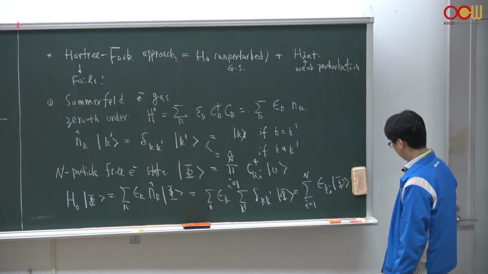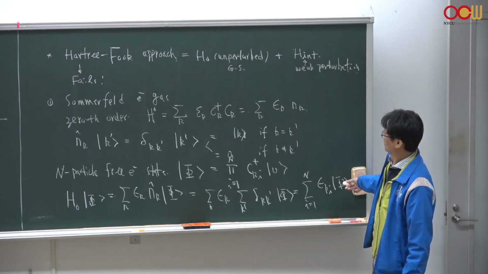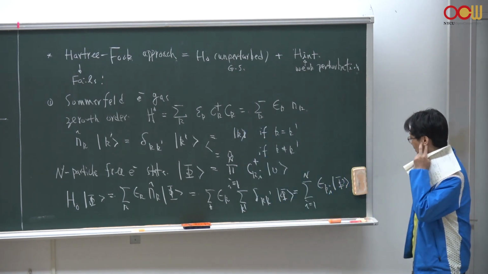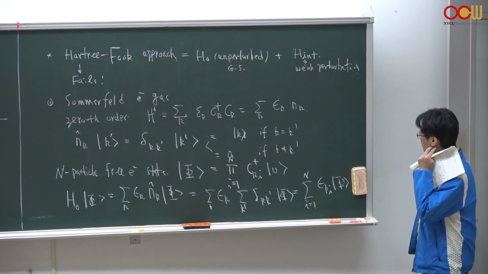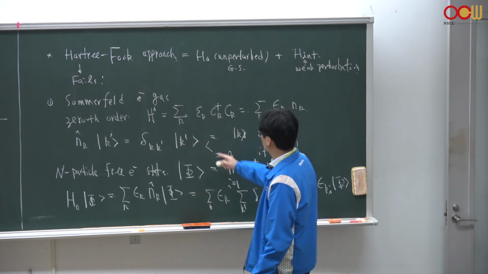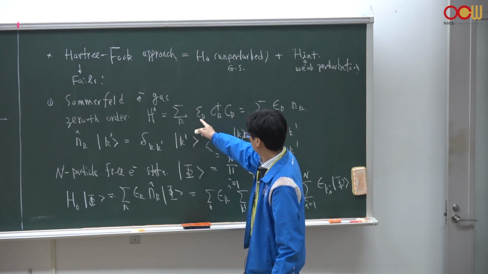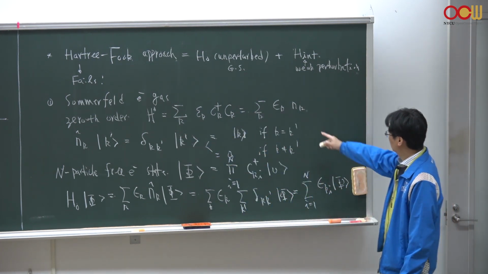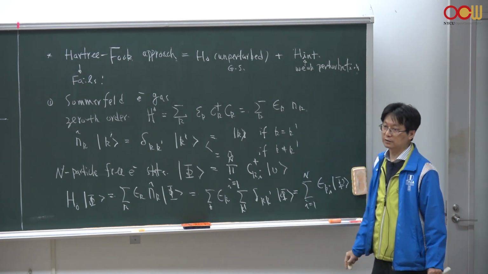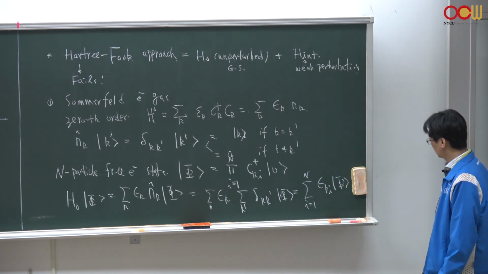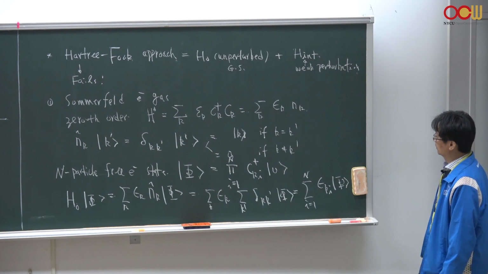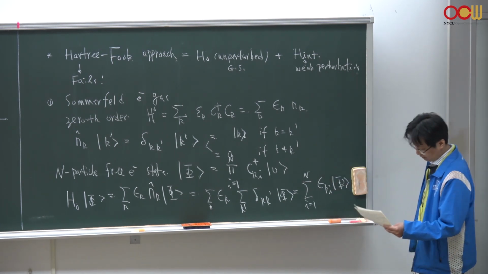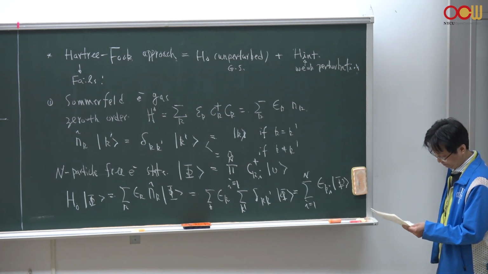Of course, this is what we already see here. So in the occupation number basis, the eigenenergy is just the single-electron kinetic energy, and the total energy is given by the number of electrons times the kinetic energy per electron. So for the unperturbed system, the total energy is nothing but this sum over k of epsilon_k.